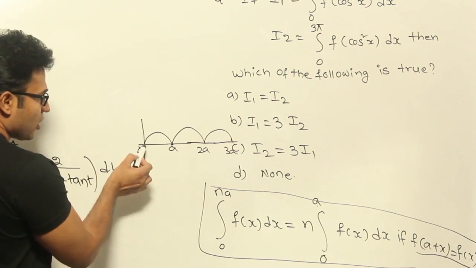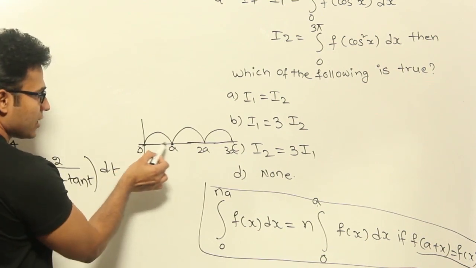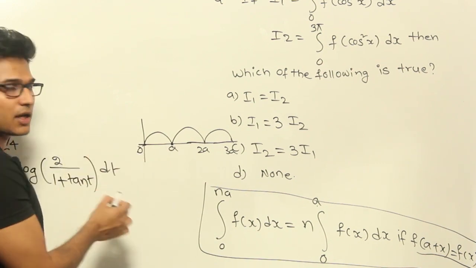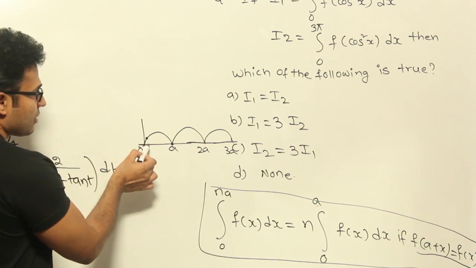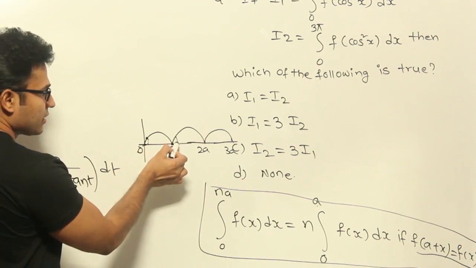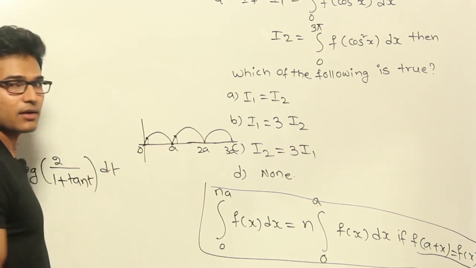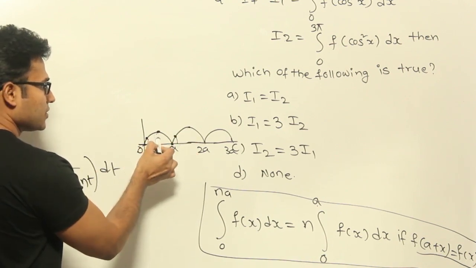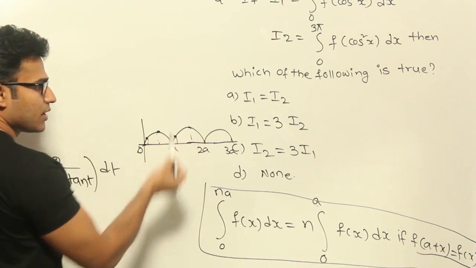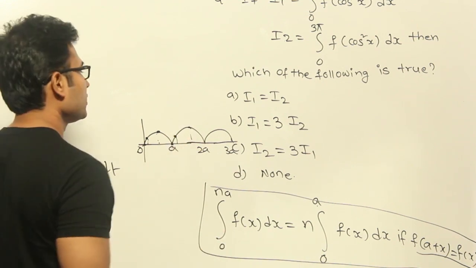Which means whatever value is here, if you add a and go there, it should have the same value, and for every difference of a, you should have the same thing. Then only you can use that.